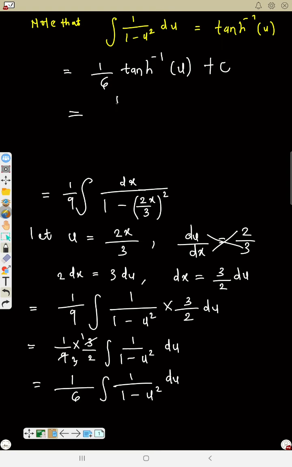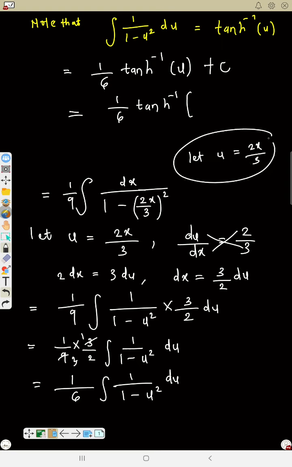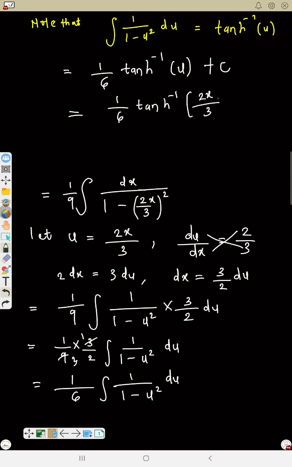So this is the same thing as 1 over 6 arctan, so what is our u? Remember, from the beginning I said let u be 2s over 3. So now I will replace it. That means arctan 2s divided by 3 plus c. So that will be the answer.